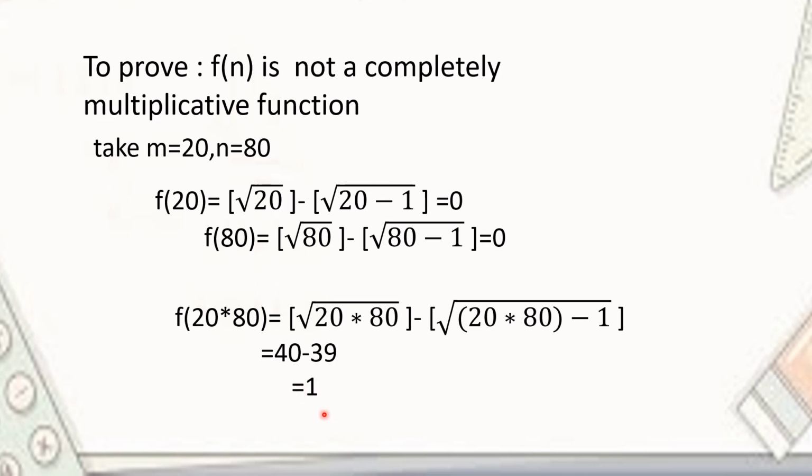Here we can observe that f of 20 into 80 is not equal to f of 20 into f of 80. So the given function is not a completely multiplicative function. Therefore, we can conclude that the given function is multiplicative but not completely multiplicative.